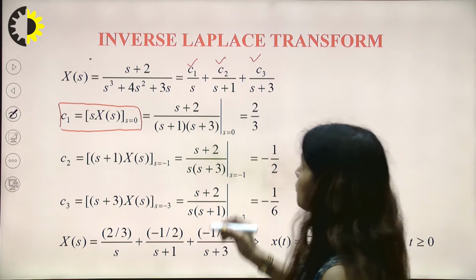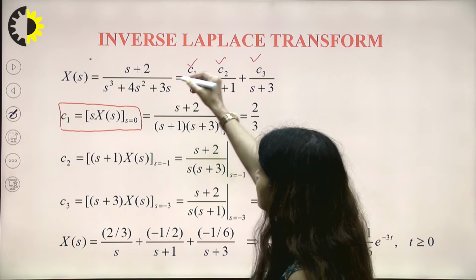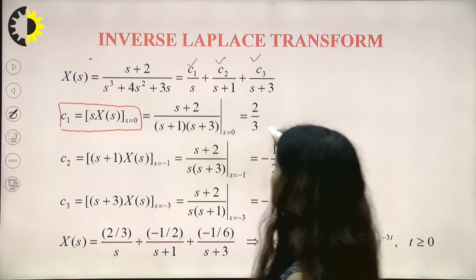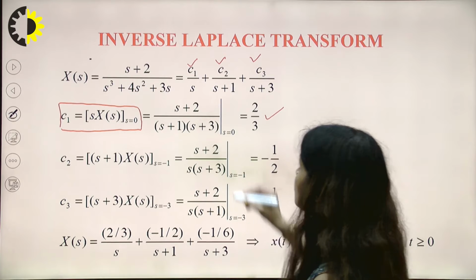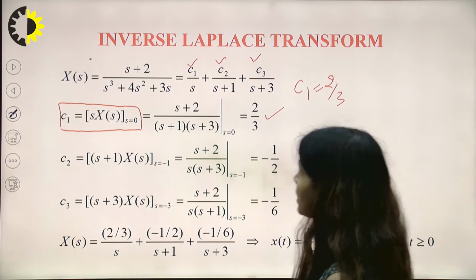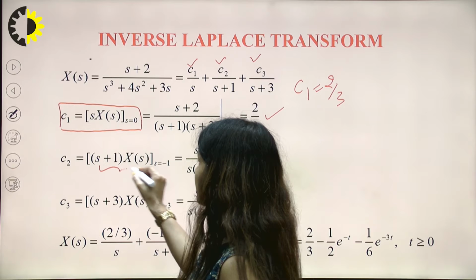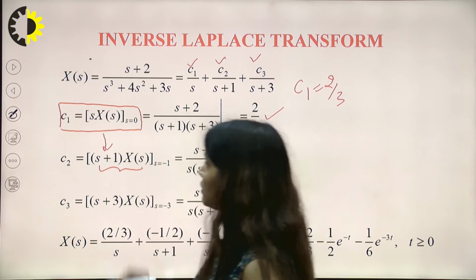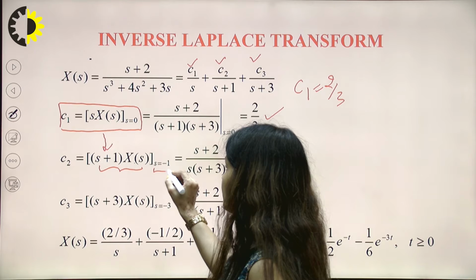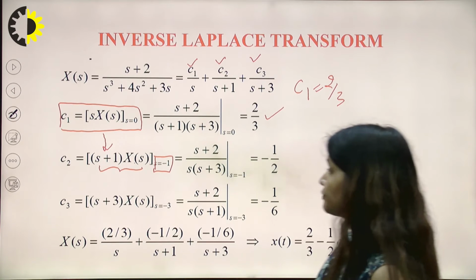Here we put in the total term, and evaluating at s equal to 0 we get 2 by 3. So C1 is equal to 2 by 3. Similarly for C2, the factor (s plus 1) is multiplied with X(s), and the value will be calculated at s equal to -1.